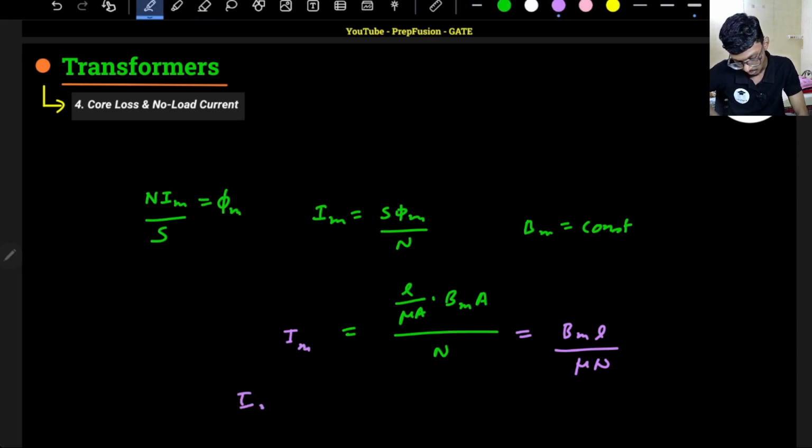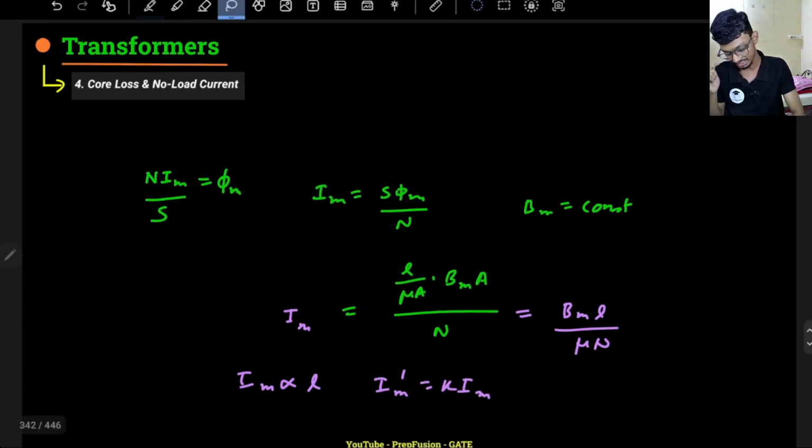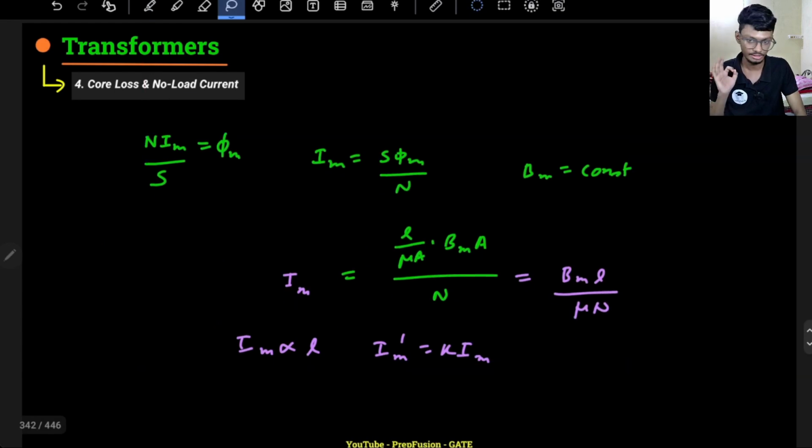If all the dimensions are scaled by k, then Im dash will become k into Im. So Im will be scaled by k only.